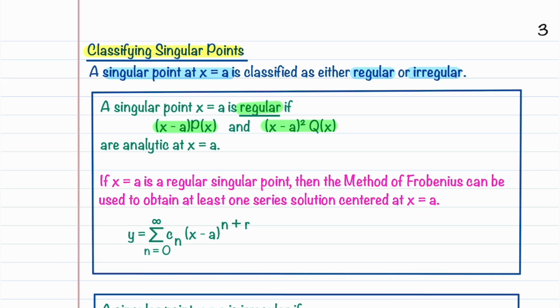Remember, p(x) is the function that multiplies y', and q(x) is the function that multiplies y. If x = a is a regular singular point, then the method of Frobenius can be used to obtain at least one series solution centered at x = a. And that solution looks like this.